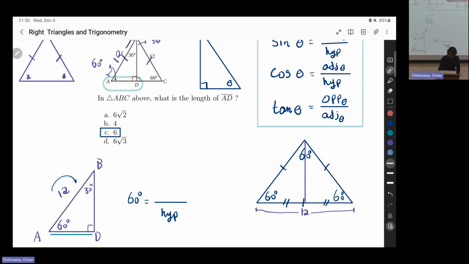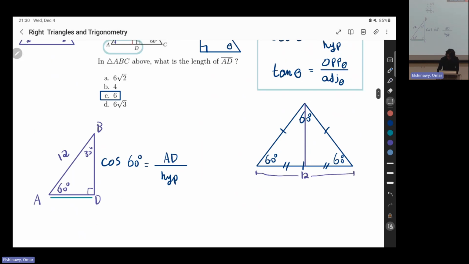Is this side AD opposite or adjacent to 60? Adjacent, right? So if it's adjacent, then you should take the cosine of 60. You take the cosine of 60, you take the hypotenuse, and then it's AD.